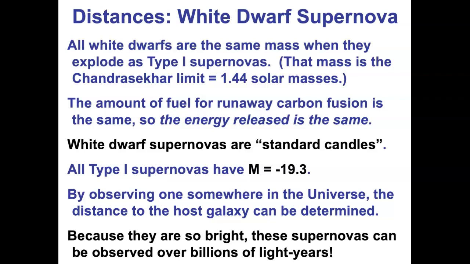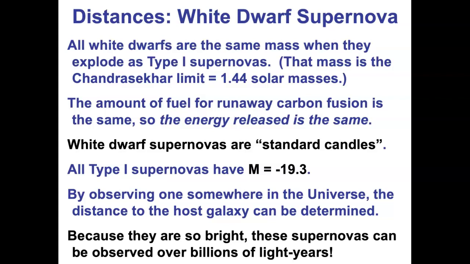Because remember how you get a type 1 supernova. You get a type 1 supernova when you take a white dwarf and you push that white dwarf right up to the limit of its mass. Right? The maximum mass that a white dwarf can have is 1.4 solar masses.